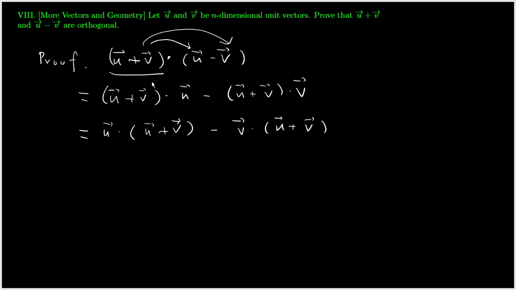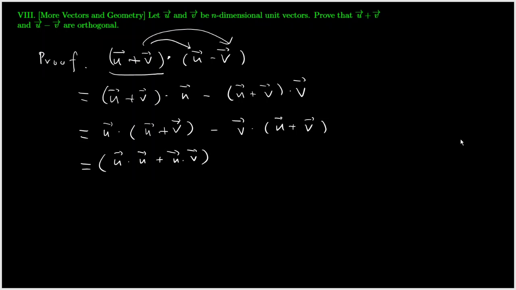I switched the location of the two factors, using the commutativity. Now the next step we are going to use the distributivity again. So you have something like u dot u, and then plus u dot v.